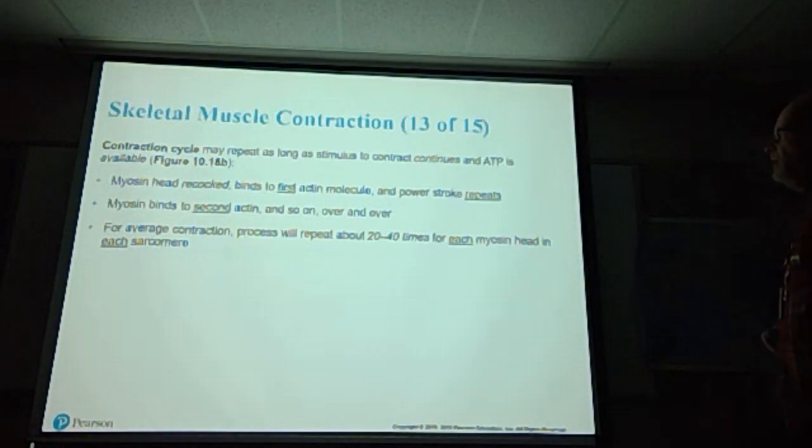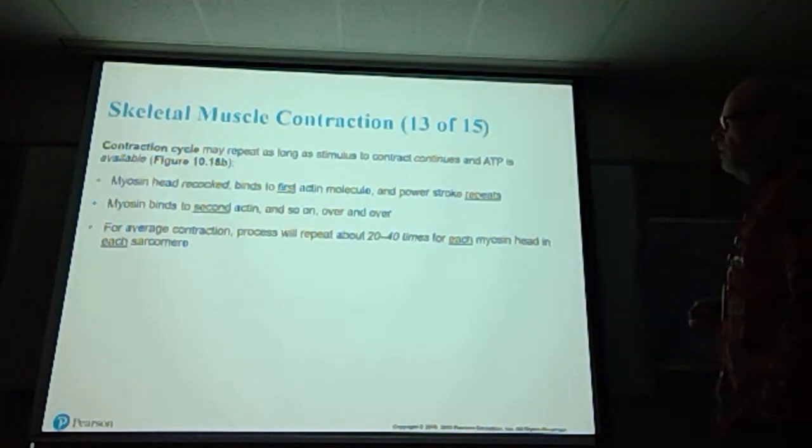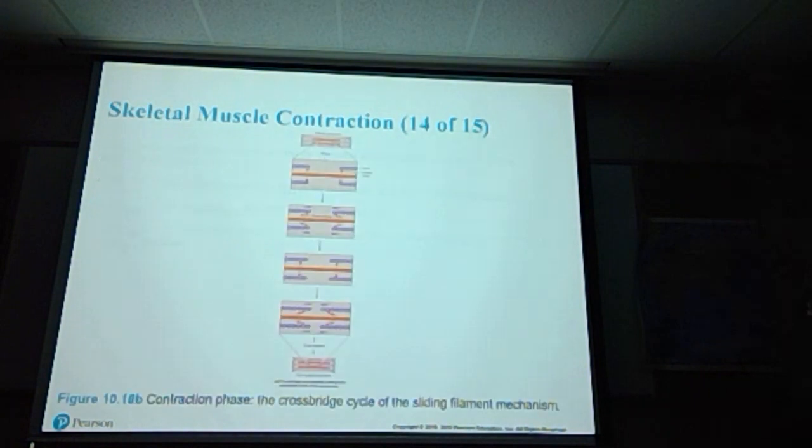Contraction cycle may repeat as long as the stimulus to contract continues and the ATP is available. The myosin head recocks, binds to the first actin molecule, and the power stroke repeats. The myosin binds to a second actin, and so on, over and over. For the average contraction, this process will be repeated from 20 to 40 times for each myosin head in each sarcomere.